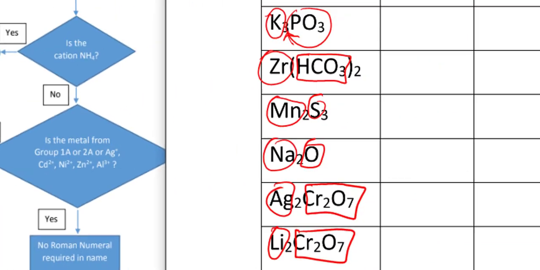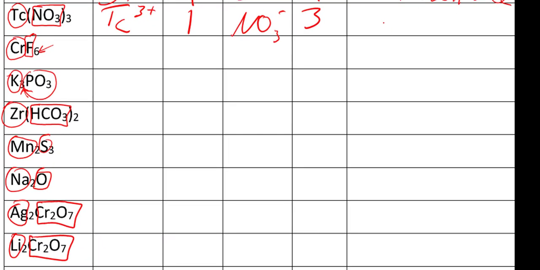Remember from the video I made on naming ionic compounds, the Roman numeral is the charge on the metal cation. This one here is technetium 3, and I'm not going to fit this, but nitrate, etc. Finish the rest of it.